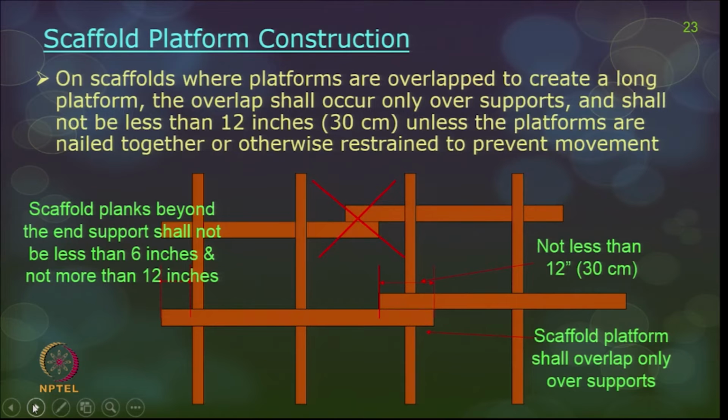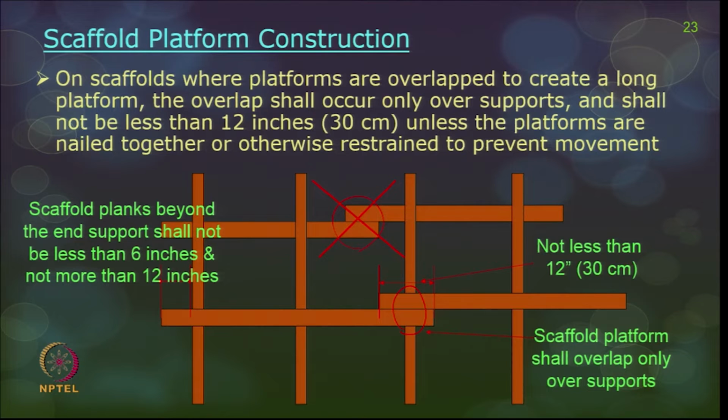Scaffold platform, now let us talk about the platform. Wherever platforms have to be overlapped in order to have a very long length of scaffold, they can be overlapped only on the supports, and this overlap should not be less than 12 inches or 30 centimeters, and should happen only along the supports and not in the middle of the span.